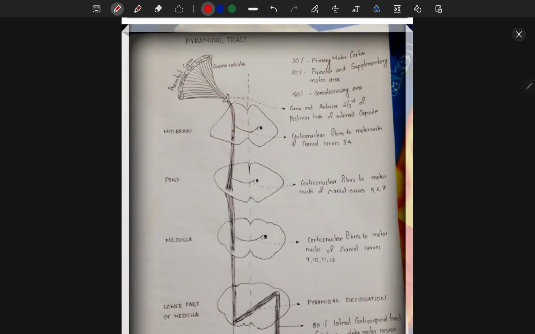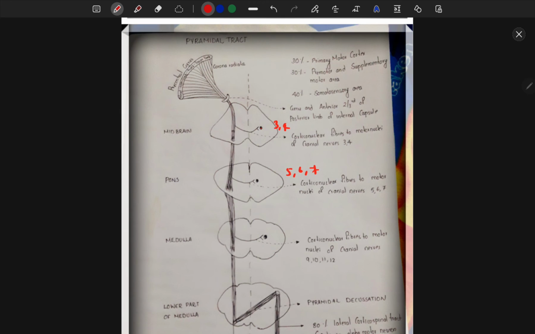Here you can see that the third and fourth cranial nerves supply the muscles of the eyeball. They have motor fibers, and the motor nuclei are located in the midbrain. In the pons, cranial nerves 5, 6, 7 have their motor nuclei located within the pons. 6 is concerned with the movement of the eyeball, 5 is the trigeminal, and 7 is the facial nerve.